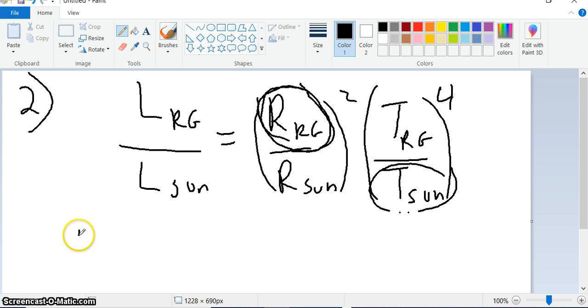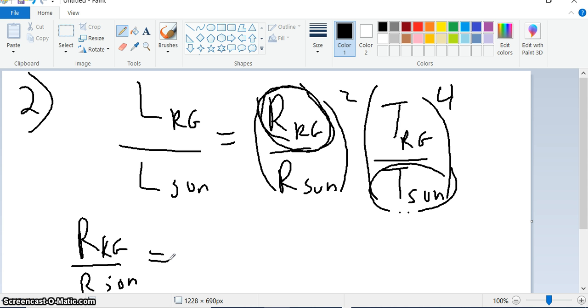So here's what we get: the radius of the red giant divided by the radius of our sun, and of course that's squared, but we're going to take the square root of the other side.